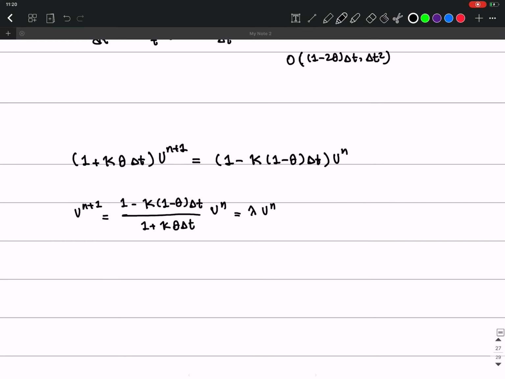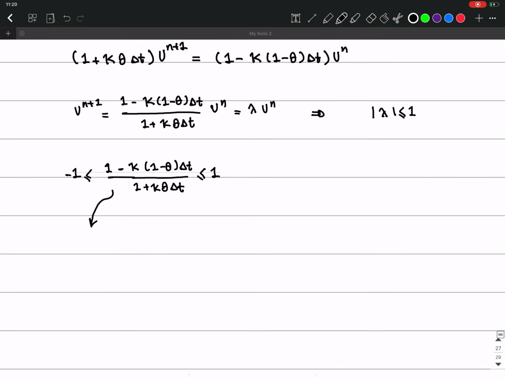Okay, so the condition for stability that we had was that the magnitude of lambda should be smaller or equal to 1. So let's see what that implies. 1 minus kappa 1 minus theta delta t over 1 plus kappa theta delta t should be less than or equal to 1 and greater than or equal to minus 1.